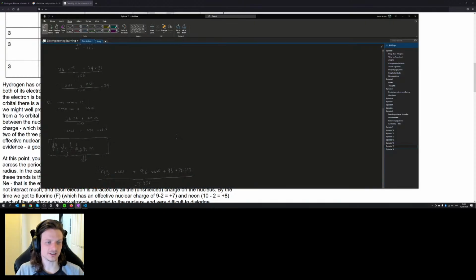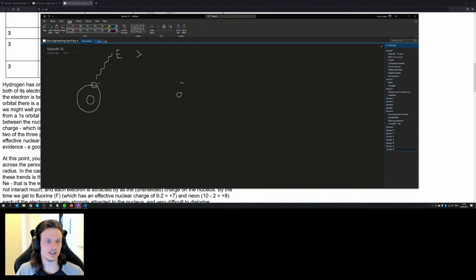Okay, let's just visualize that a bit. So it's saying that if you have this, then it takes more energy than one in the second s orbital.